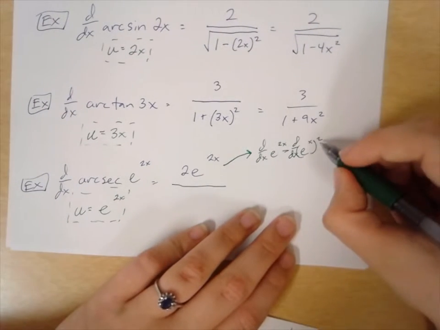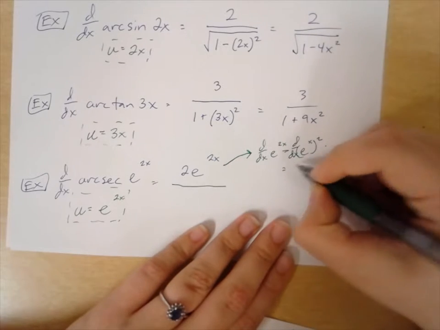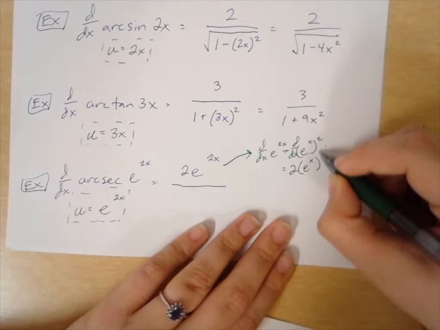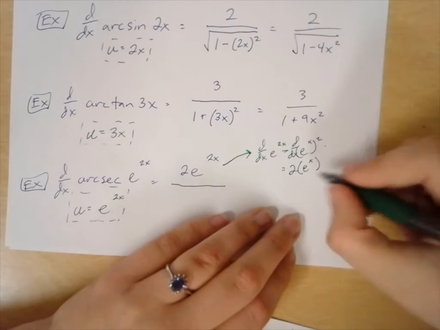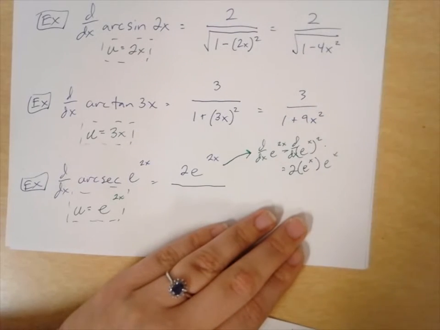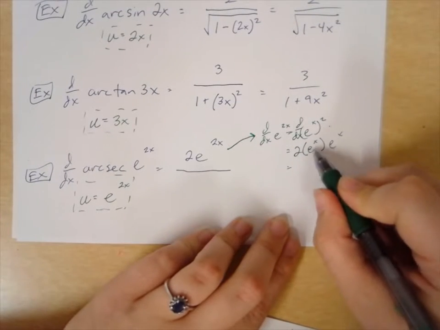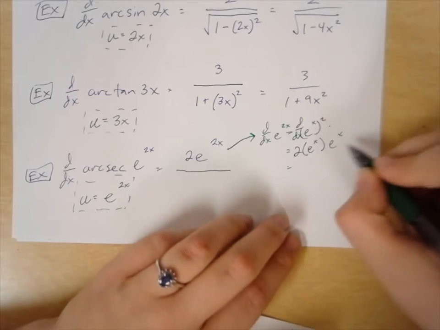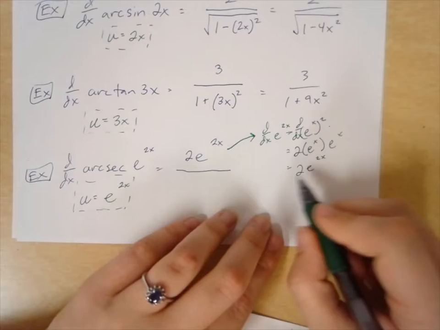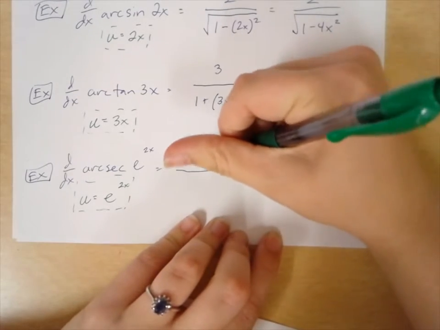And from here, we can do the chain rule, so we can put the 2 out front, and then we still have the e to the x inside, and then this becomes to the first power. And then we take the derivative of the inside, and the derivative of e to the x is just e to the x. So this is what we're left with. And then we have e to the x times e to the x, which would be e to the x squared, or e to the 2x. And that is how we got this as our derivative, our u prime.